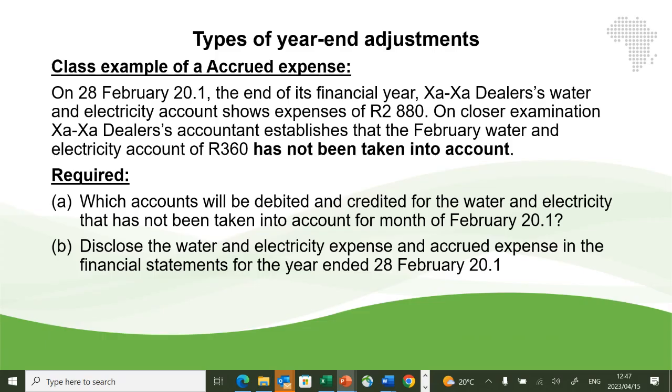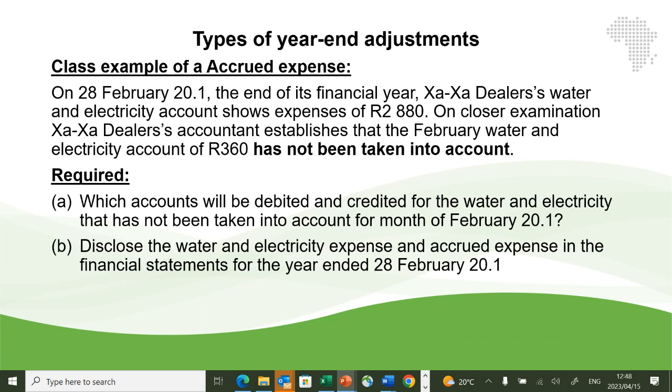So out of that 2,880, we have not considered this 360 for February, so it's still outstanding. What is required of us here? Which account will be debited and credited for the water and electricity that has not been taken into account for the month of February? So here we are just asking for the year-end adjustment journal that you need to process.